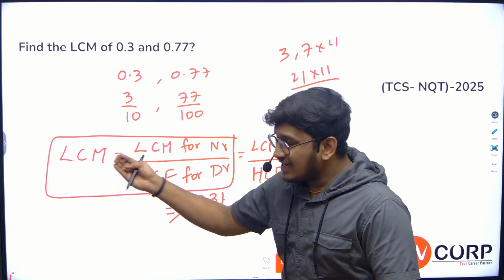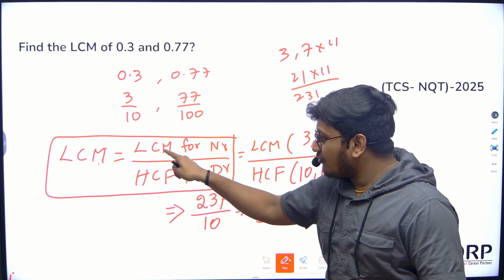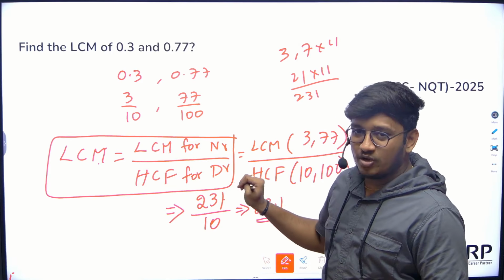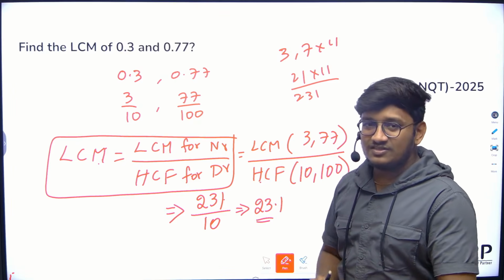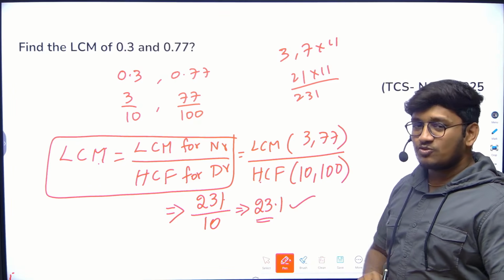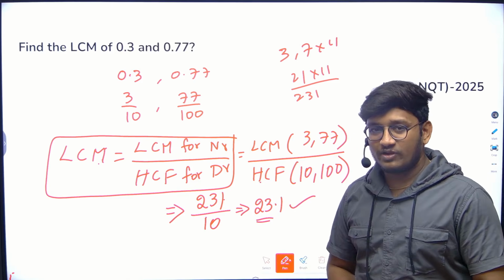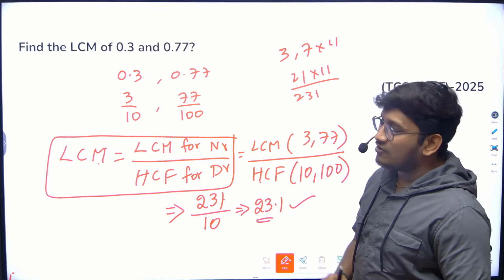Instead, if you are calculating HCF for the fractions, HCF is equal to HCF of the numerators divided by LCM of the denominators. So just these two get swapped. Hope you are all clear with this question. The final answer is 23.1, so you need to represent it in decimals as well, 23.1 or 231 by 10.